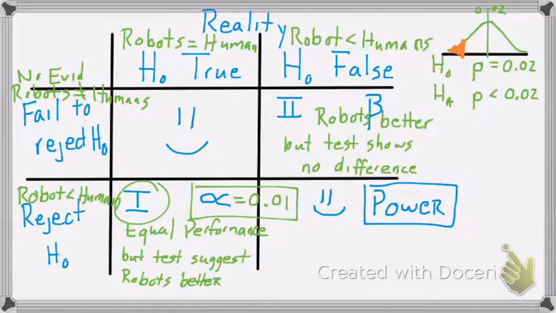So in summary, you have the ability to set your value for alpha, to basically decide how likely you are to make a type 1 error, but you have to remember that when you set alpha, if alpha increases, that means that beta will decrease, and if alpha decreases, that means that beta will increase.